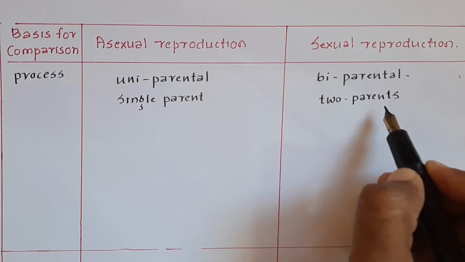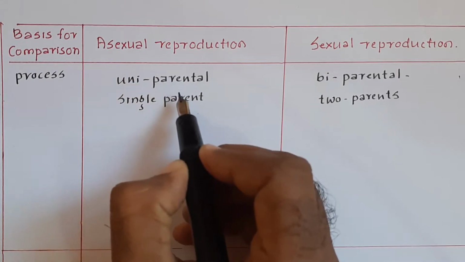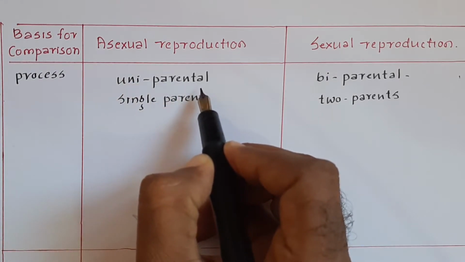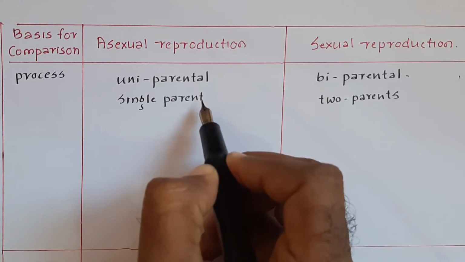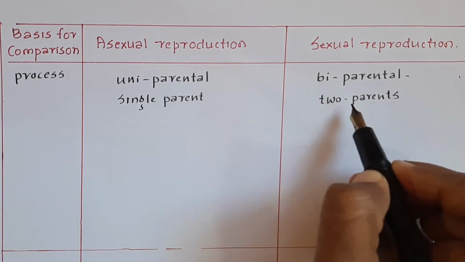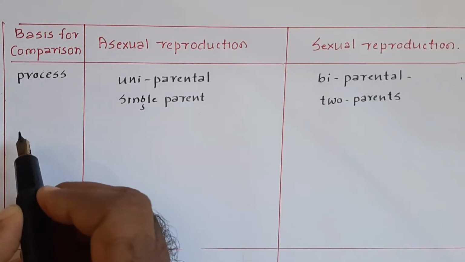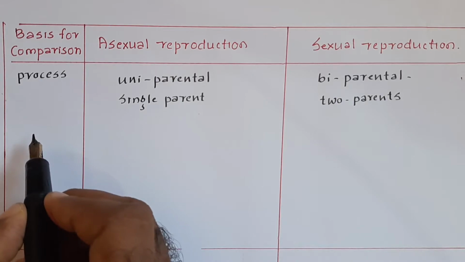We will discuss that one later on. So simple, asexual reproduction is uniparental where single parent is involved. The single parent is enough to produce offspring, but here two parents are involved, that is why it is called as a biparental. Then next one is involvement of gametes.